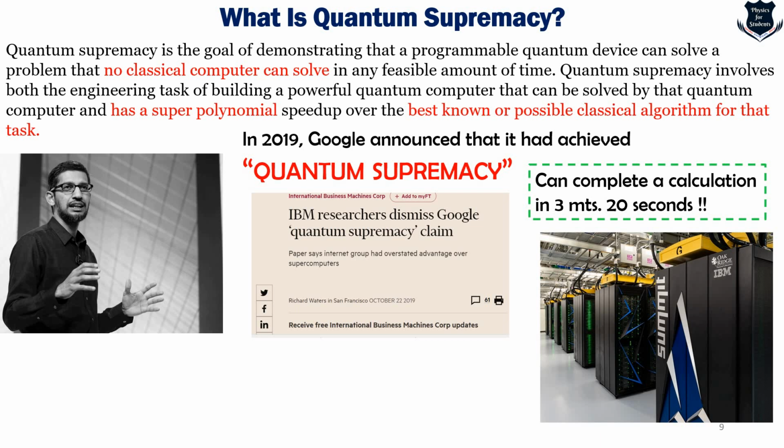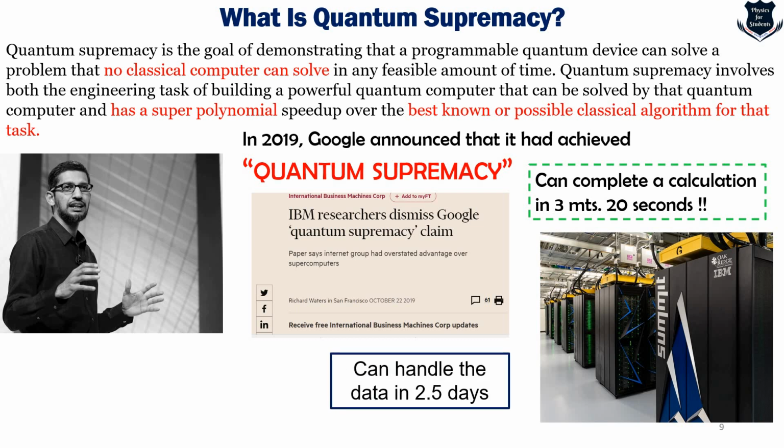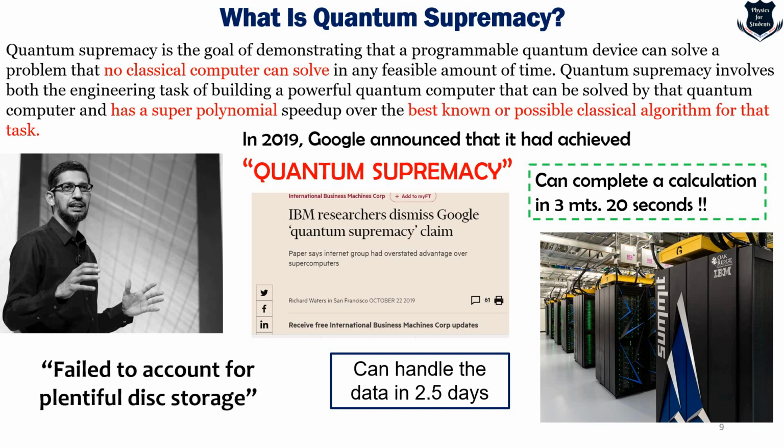They said they would use their own methods, and be able to program a supercomputer to handle the same task in only 2.5 days. Forget about 10,000. They faulted Google for assuming that the supercomputer is limited by the amount of data it can store in system memory, and said the company had failed to account for plentiful disk storage that could overcome the limitation.